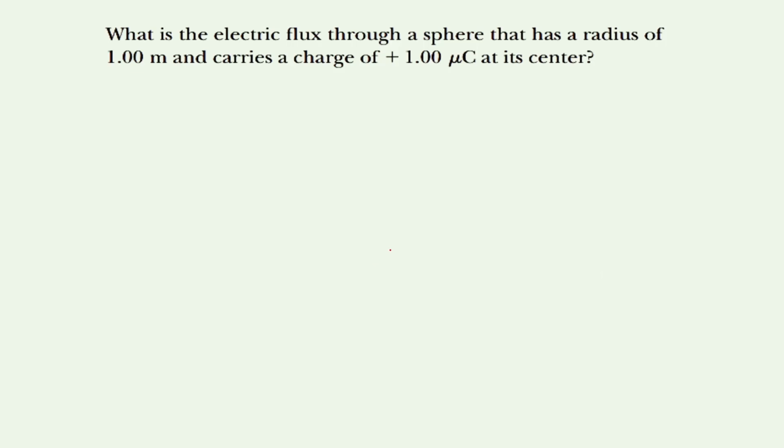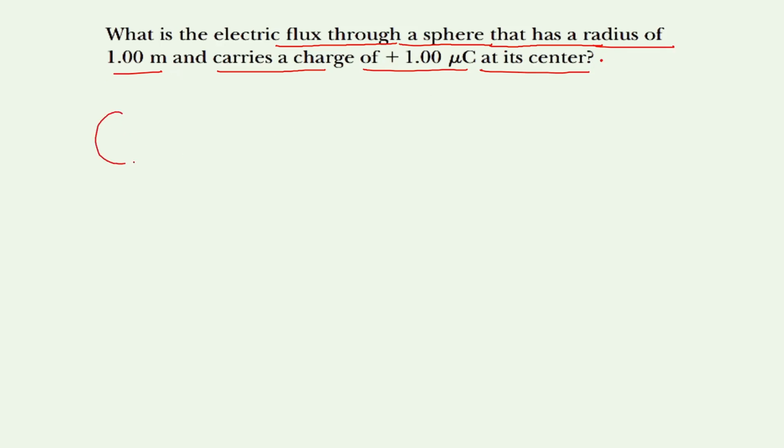So next we are going to see a question. The question says that we need to find the electric flux through a sphere that has a radius of 1 meter and carries a charge of 1 microcoulomb at its center.